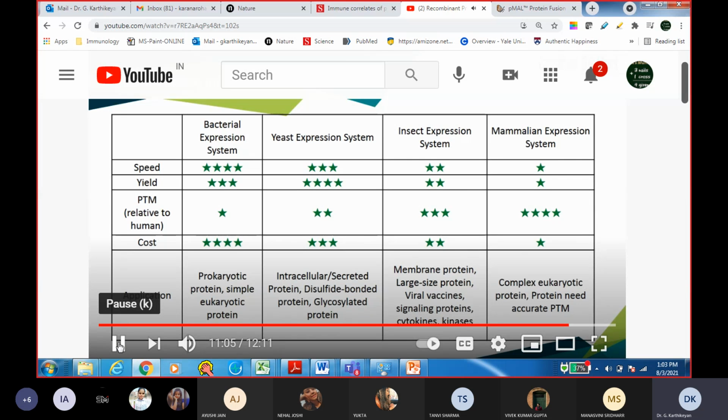The biological activity and immunogenicity of the recombinant proteins produced by different expression systems are sometimes different due to the diverse post-translational processing.